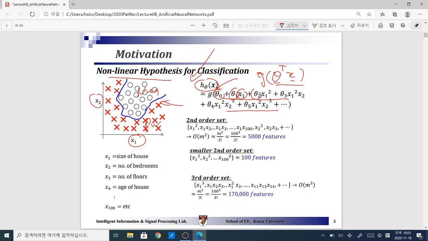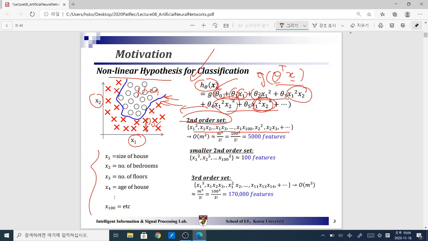Here for the two-dimensional space, x1 and x2, what we did was use these polynomial terms, for example, the quadratic terms of x1 squared and x2 and so forth, or x1 squared times x2 squared, and all these polynomial functions or terms, so that we could build this very complex decision boundary. For a second order set, such polynomial terms can be built like so. Now, this is only for 2 dimensions, by the way.